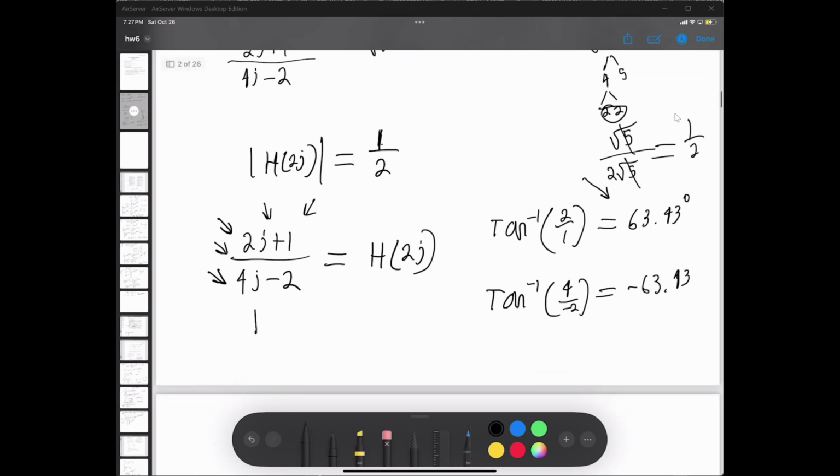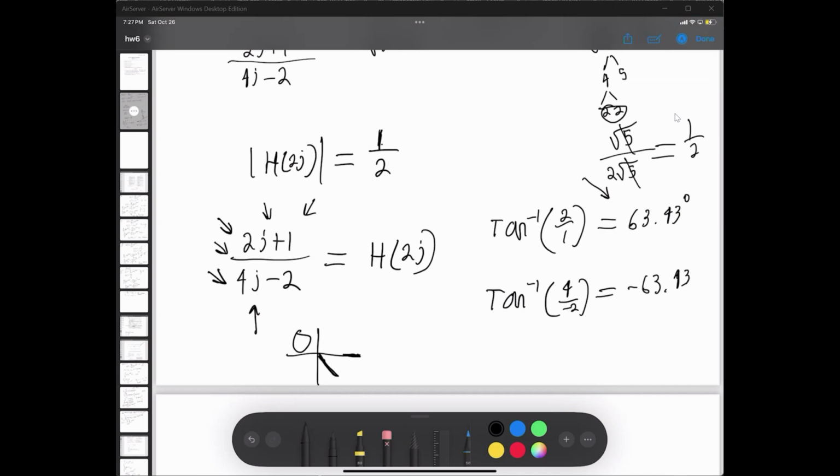But with the second one down below, we see that y is positive, but x is negative. Where is y positive but x negative? That is the second quadrant. Negative 63 degrees, from the starting point, will be around here. That's not in the right spot.